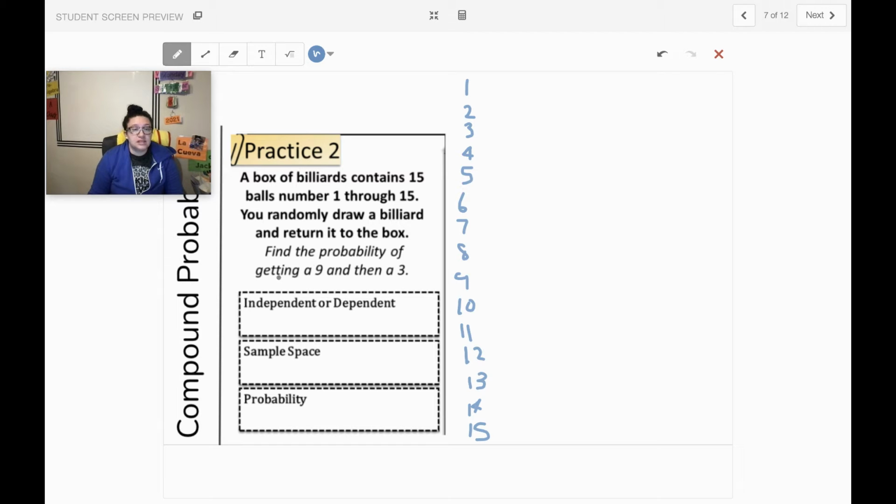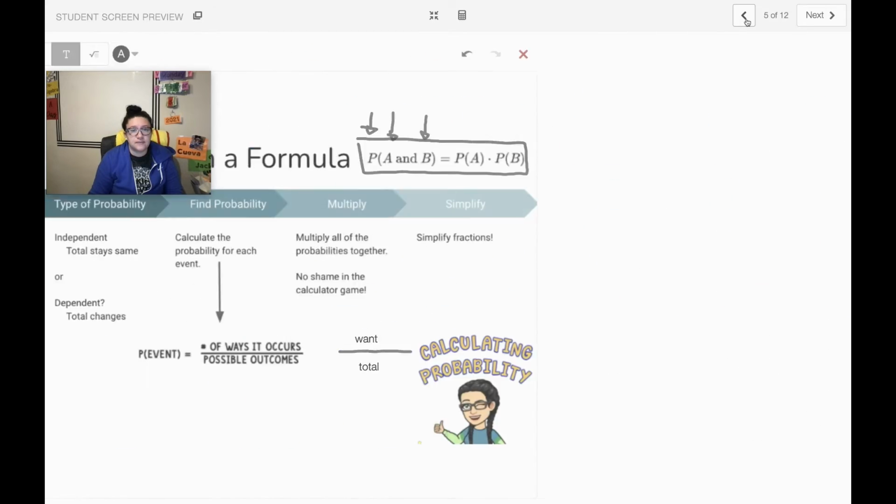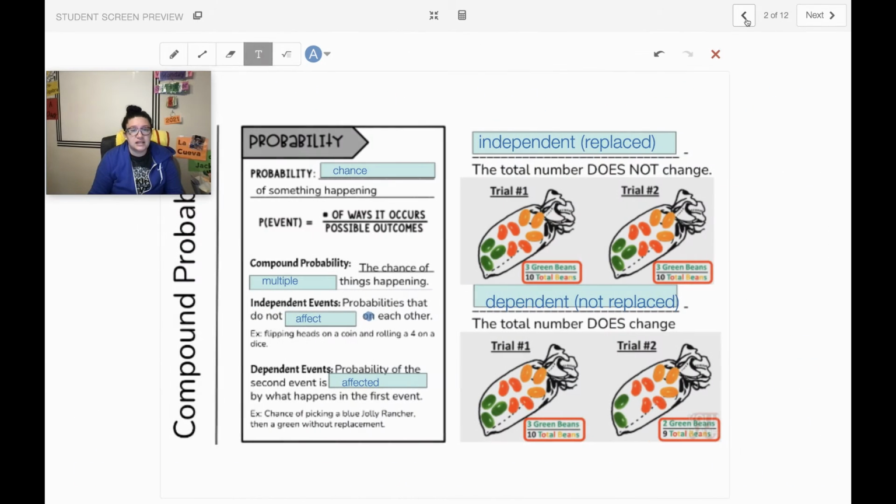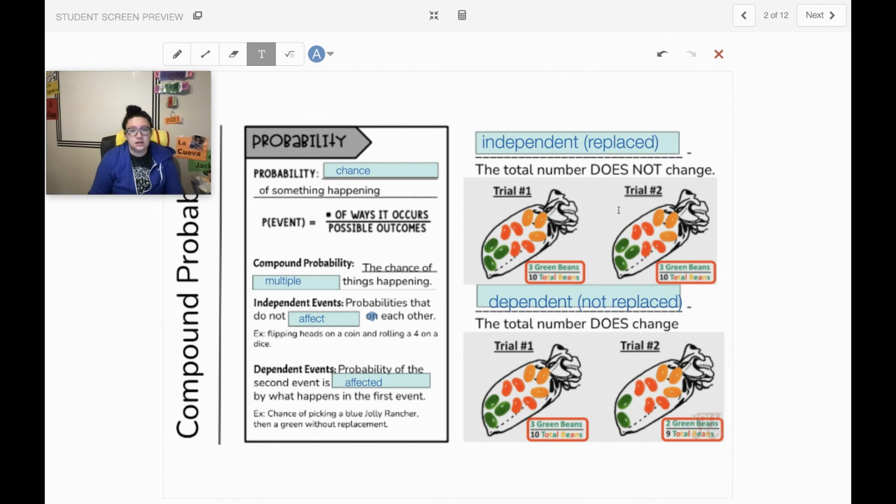I'm wanting to draw a 9 and then a 3, and it says I return it. If I return my ball back into my box, is that independent or dependent? If the ball goes back inside the box, is the total number going to change?